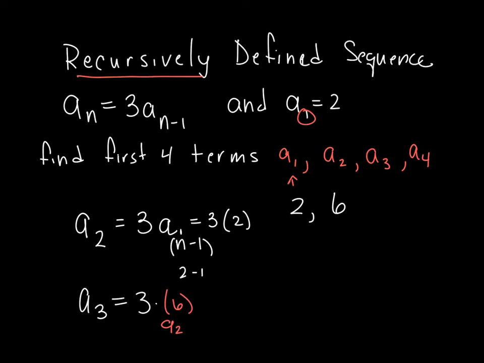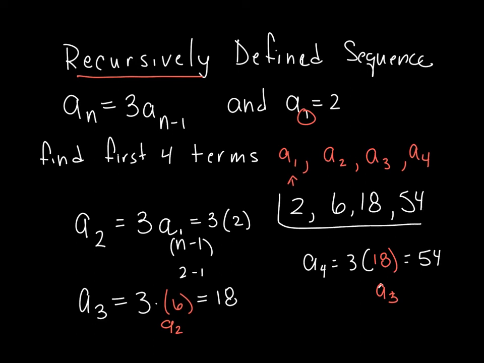So A3 is equal to 18. And the last one, A4, is just 3 again, times the previous term. The previous term is A3, and A3 is 18. So therefore A4 is equal to 54.